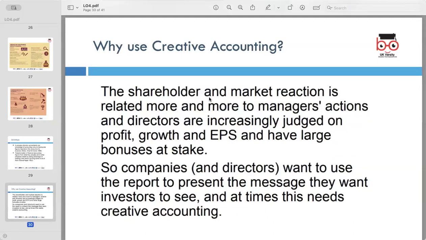Why use creative accounting? Reasons for using creative accounting: the motivations behind employees' creative accounting practices stem from an increasing emphasis on shareholders and market reactions to managerial actions. Directors are often judged based on metrics such as profit growth and earnings per share, EPS, with significant bonuses tied to these performance indicators.